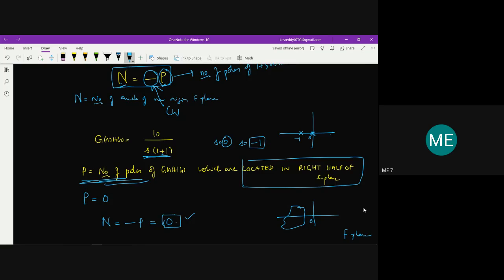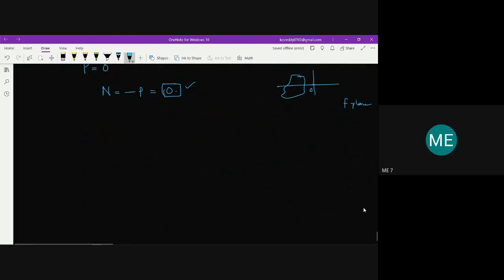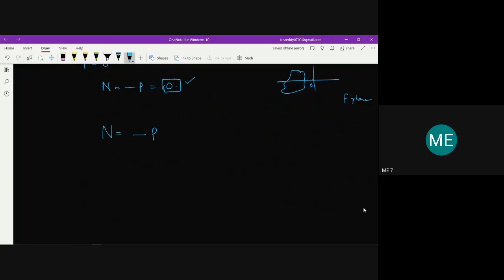Now, to understand this better, the stability criterion remains the same, that is N is equal to minus P, where P is the number of poles lying on the right side, which you have taken.